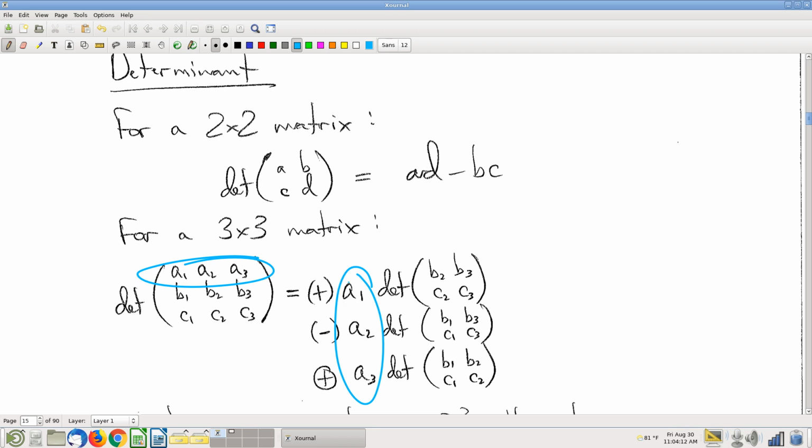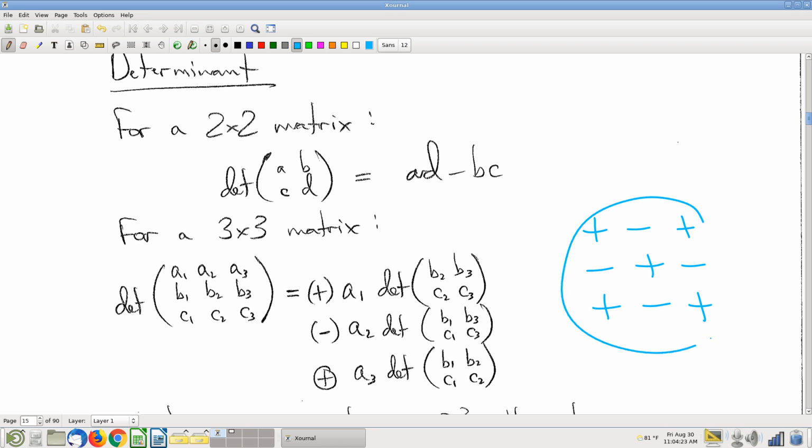It's very strange, right? And if that's the case, then it's not always plus minus plus. It is a checkerboard pattern of pluses and minuses, and why that is, Math 221 at least. Yeah. It's a weird formula.